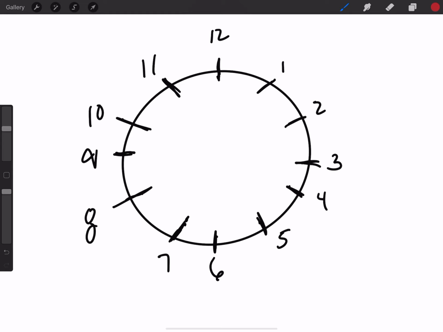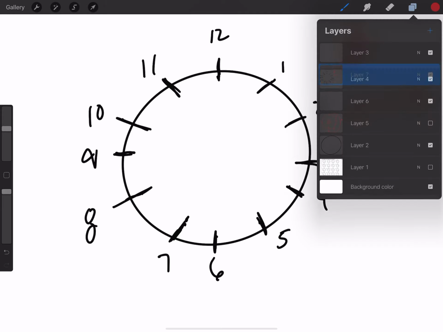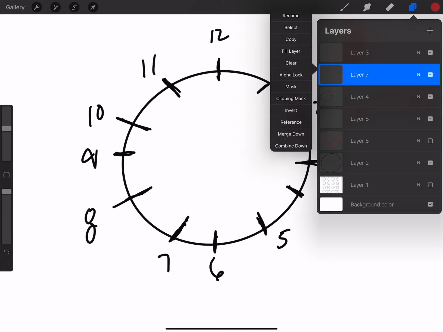And if we think about our fraction, we have 60 minutes in an hour. If we split this up by 12 pieces, if I did it off to the side, I do 60 divided by 12, I get 5. So that means each one of these little chunks is going to be 5 minutes.